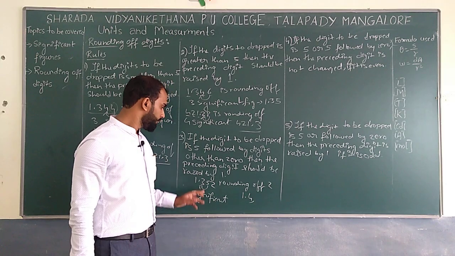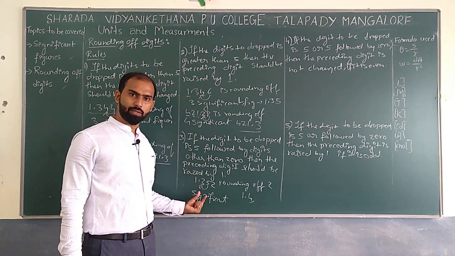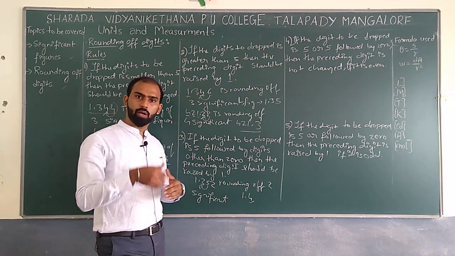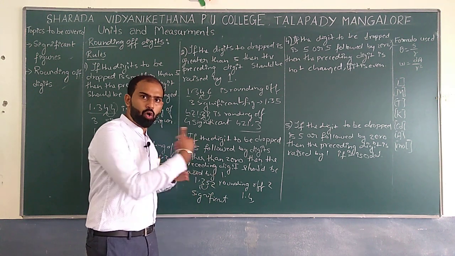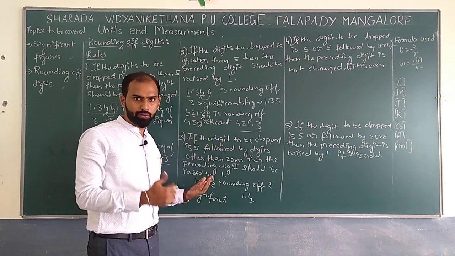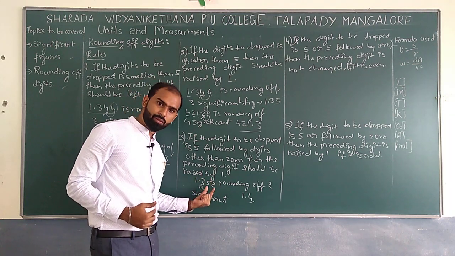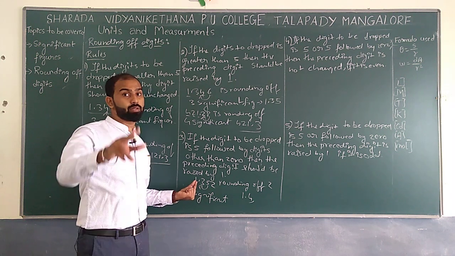Are you getting it? So this is what you are supposed to do. If the number which we are going to drop is 5, followed by any non-zero number, it could be any non-zero number after 5, then the previous digit should be raised by 1. Okay?